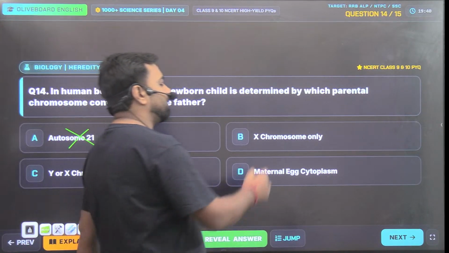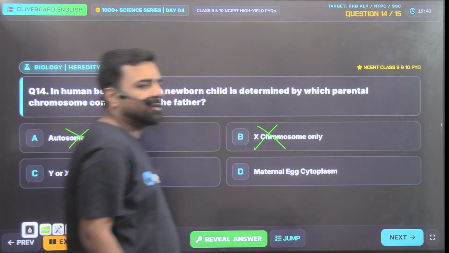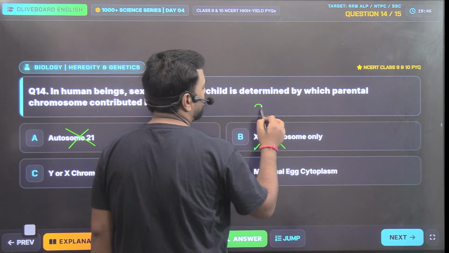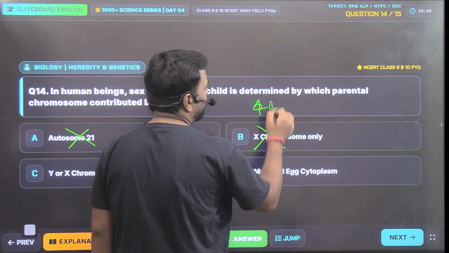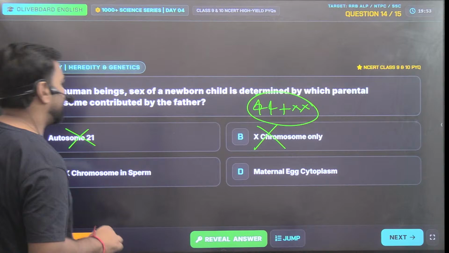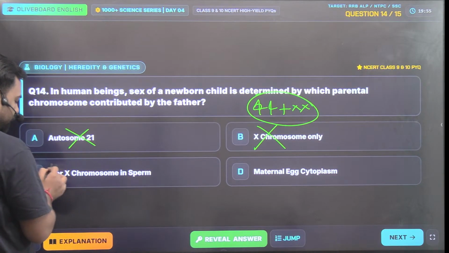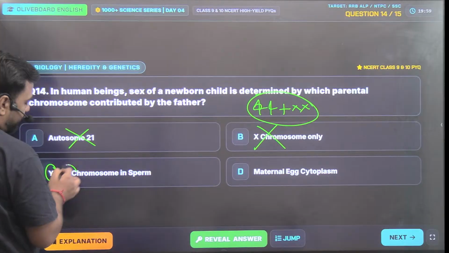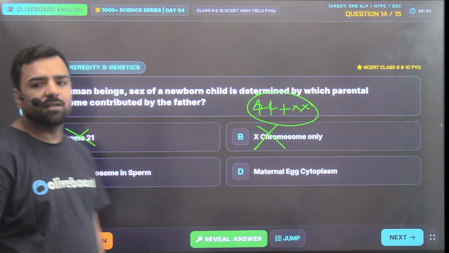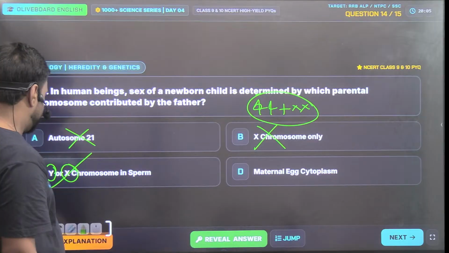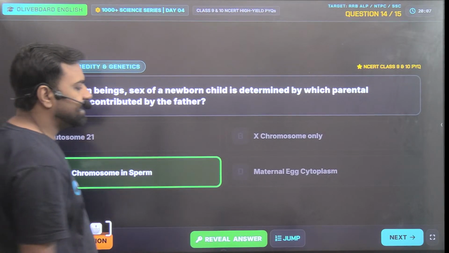So in the case of X chromosome only, this cannot determine, because in the case of females, it's 44 plus XX, but in the case of male it's 44 plus XY. So if Y fuses with the female's ovum, male child will be formed, and if X fuses, the girl child will be formed. So it totally depends upon the father. So yes, father determines the sex of the child.